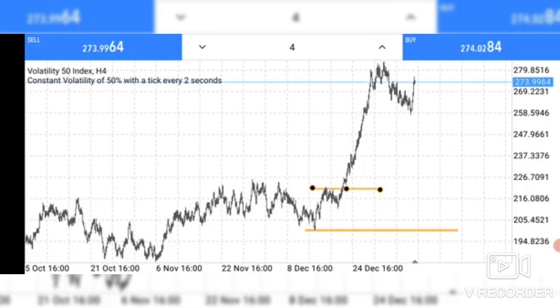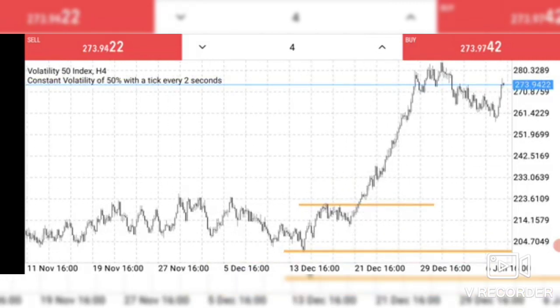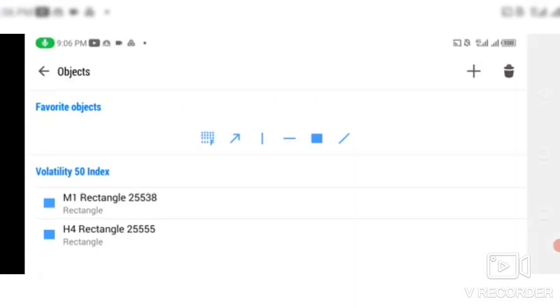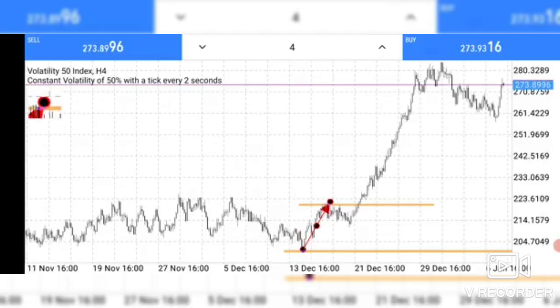Now, what will make us believe that this is a valid origination destination based on this topic? You will see that the length of the origination destination path is bigger than the immediate retracement within that vicinity. You can see this length is bigger than this small retracement and this small retracement.